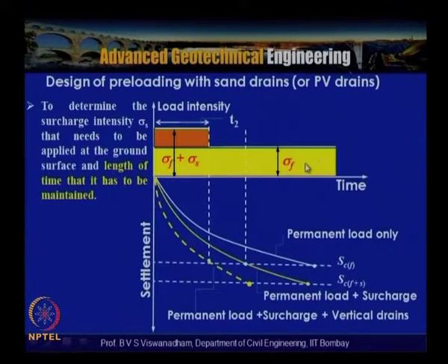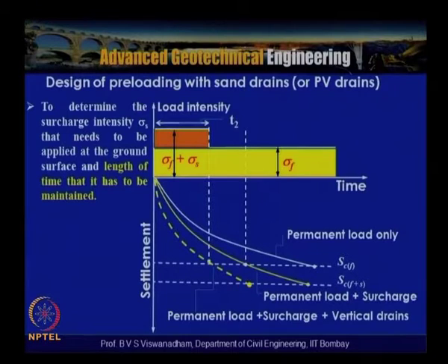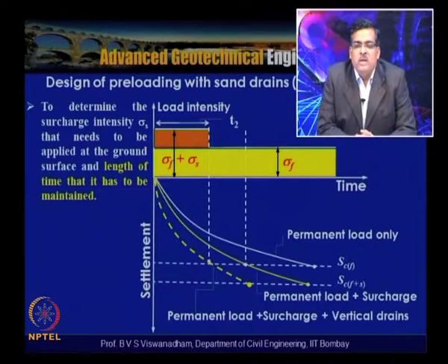period. So, many times the time period is given, like 6 months or 9 months. So, if in these 9 months you want to complete, let us say, a certain degree of consolidation, say 90% degree of consolidation, then we need to calculate what layout is required, what spacing is required, and what pattern is required.